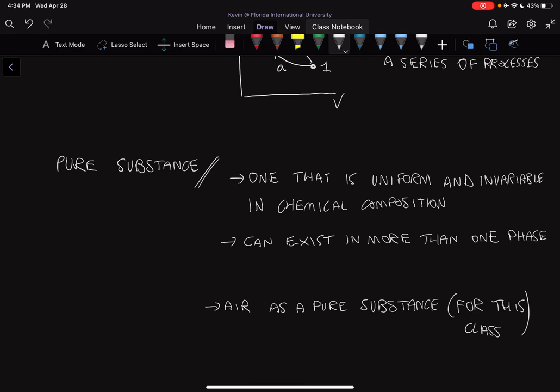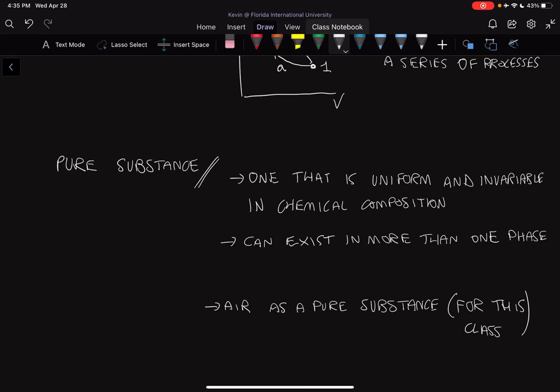However, it is a pretty uniform mixture of gases. We have 79% nitrogen, 21% oxygen, and the mix of the air is considered pure in this class because it stays a gas and does not really react. But we will go over when air can be treated as a pure substance and when air cannot be treated as a pure substance. So we'll go into that a little bit more.